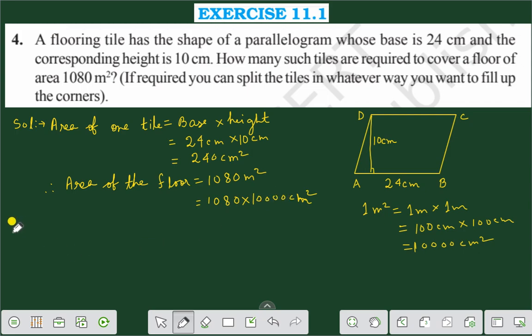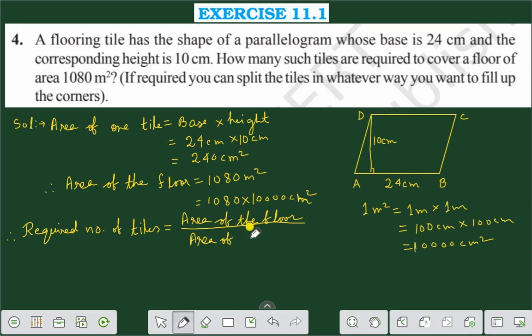Therefore, required number of tiles is equal to area of the floor divided by area of one tile.